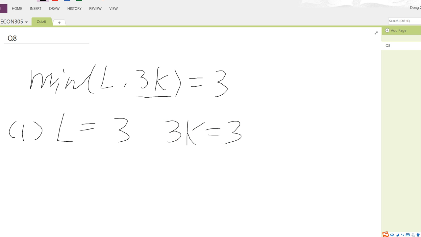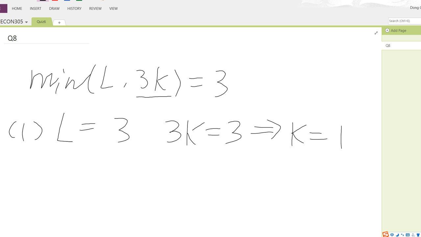So these two numbers are equal to each other, hence K equals 1. In that case, because these two numbers are equal, the minimum of these two is also the same as either of them. So that's also 3. So that's one combination, which means L equals 3 and K equals 1. That's on the isoquant. What about the others?